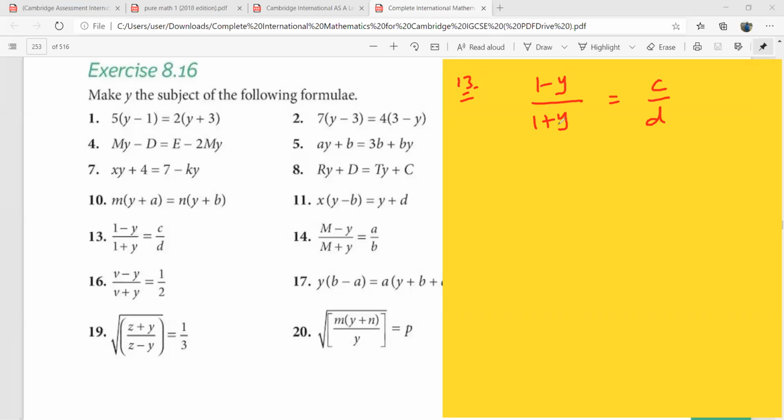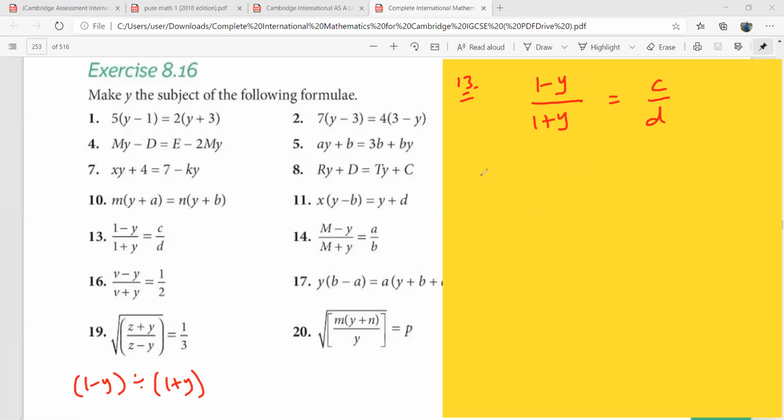This 1 minus y over 1 plus y is something like this: 1 minus y divided by 1 plus y. So these are trapped, locked inside the bracket. So you don't ever think of taking out the y or anything from this fraction. Okay. So the only way is to go for the cross multiplication.